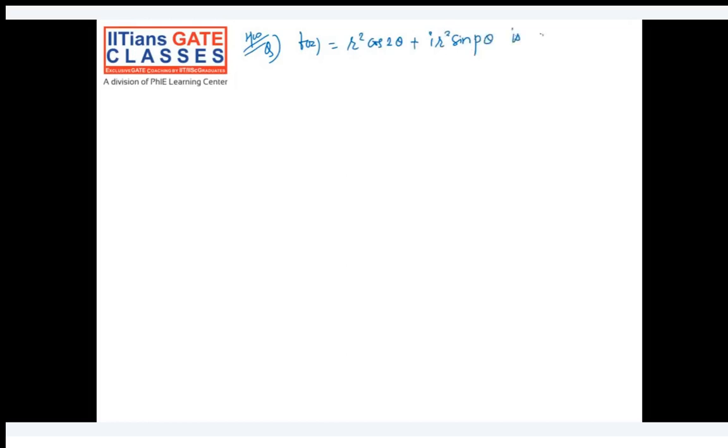The given function is analytical, they are telling upfront. Then find p, and the options are 0, 2, -2, and 1.